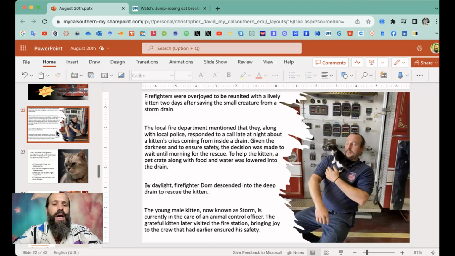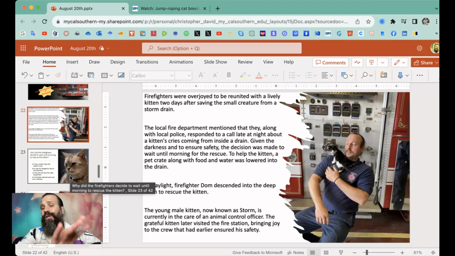To help the kitten, a pet crate along with food and water was lowered into the drain. By daylight, firefighter Dom descended into the deep drain to rescue the kitten. The young male kitten, now known as Storm, is currently in the care of an animal control officer. The grateful kitten later visited the fire station, bringing joy to the crew that had earlier ensured his safety.